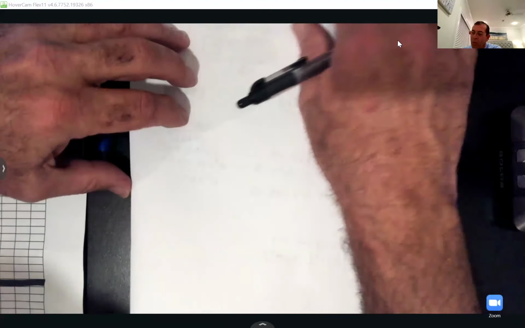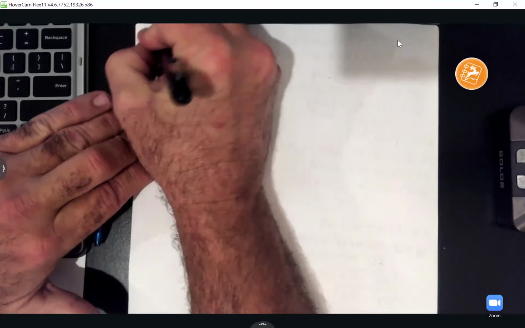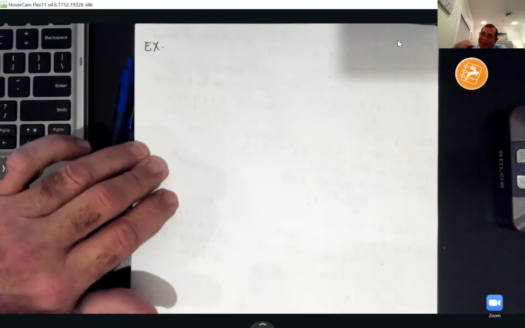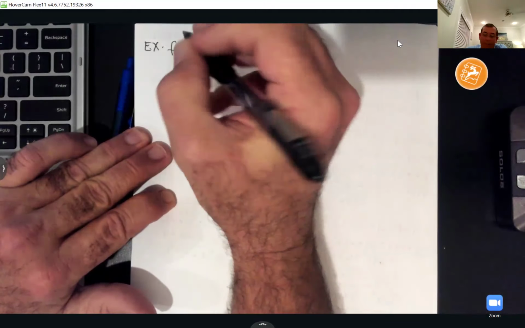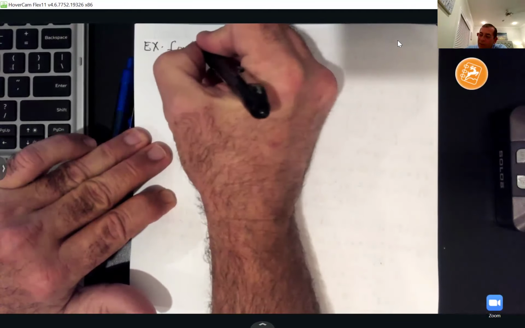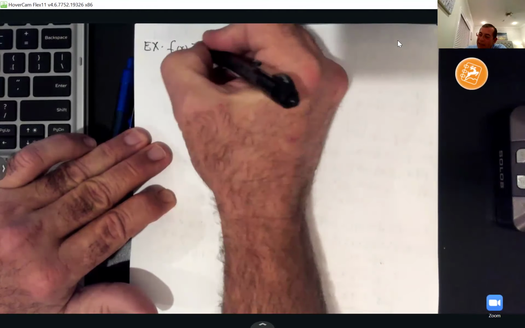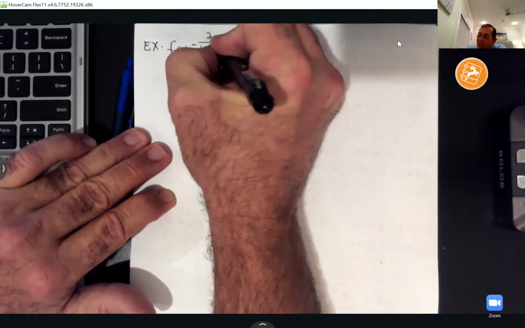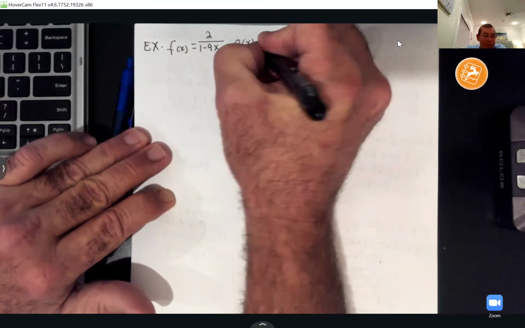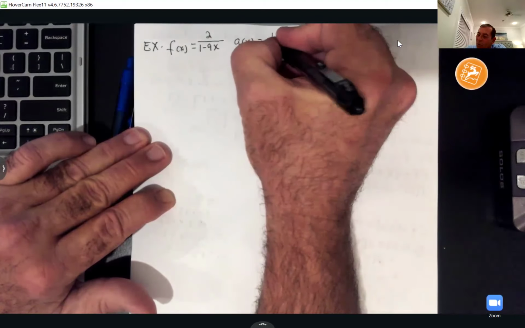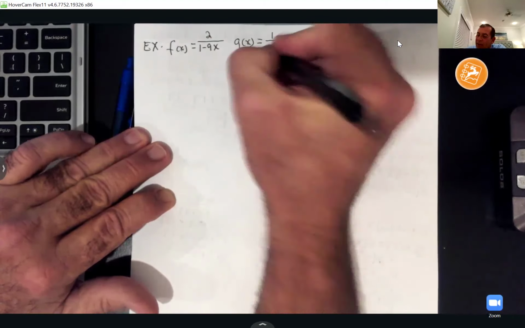All right, y'all. When they're doing domain problems, eventually they're going to give us fractions, right? So same thing, but this time they're giving me f of x equals 2 divided by 1 minus 9x. g of x is going to equal 1 over x.